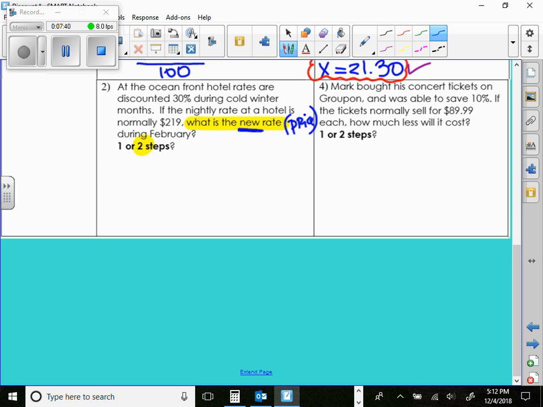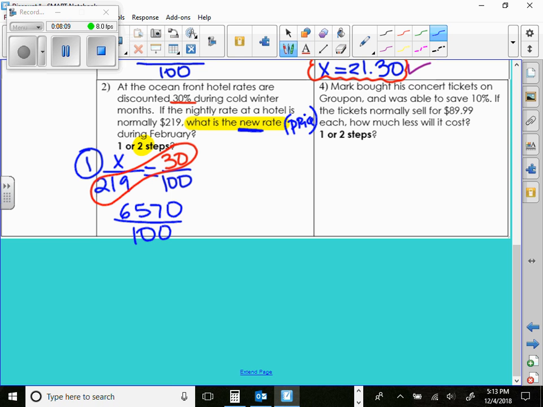For my amount of discount, I need to set x over 219 equal, the hotel rate is 30% over 100. Cross multiply. 219 times 30 is equal to 6,570, divided by 100, and x is 65.70. So this number tells me how much less hotel rooms are during cold winter months.